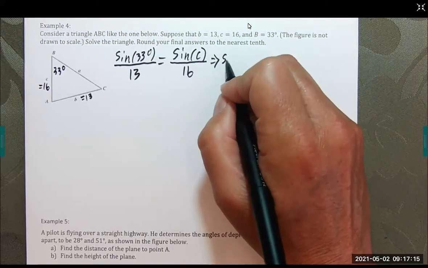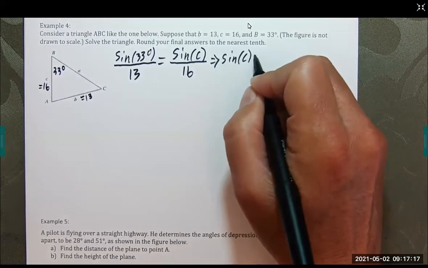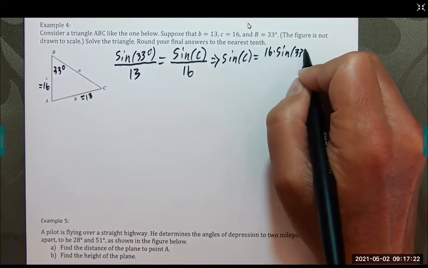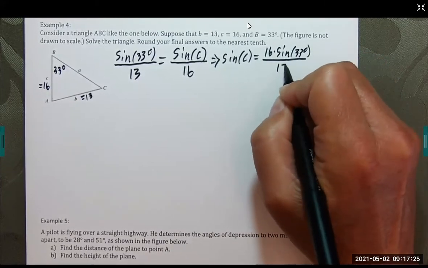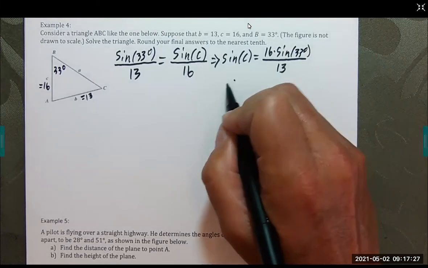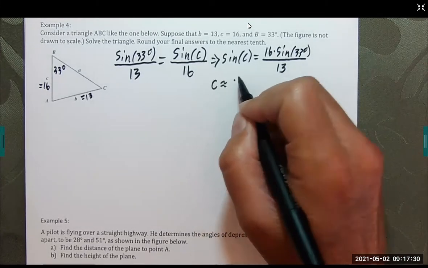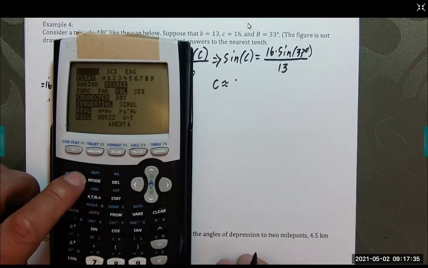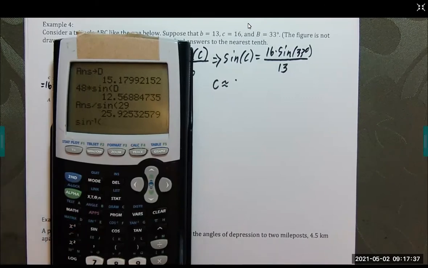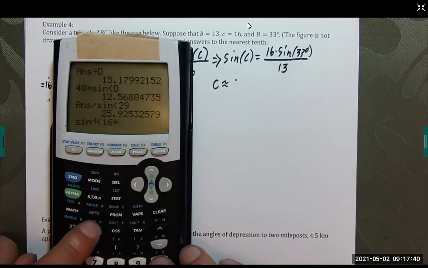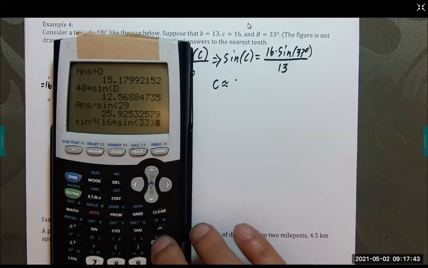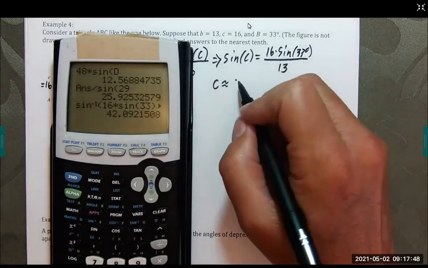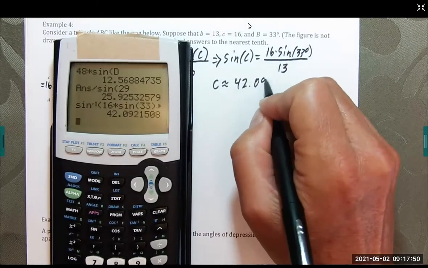I get that sine of C is 16 times the sine of 33 degrees over 13, which means that C is potentially equal to, degree mode, inverse sine of 16 times the sine of 33, close, divided by 13. Make sure you close that parenthesis on that sine there. And here's our 42.09. I'm going to store that as A.